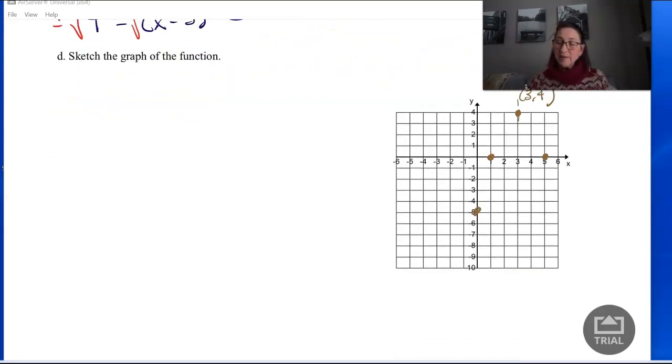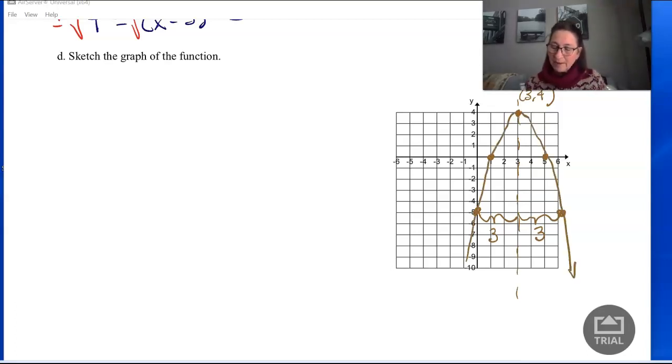I know because of my axis of symmetry that I've got 3 units from my y-intercept to my axis of symmetry. So that means I can go 3 units the other way and find another point. Super easy. So now I can sketch this, and my beautiful parabola is done.